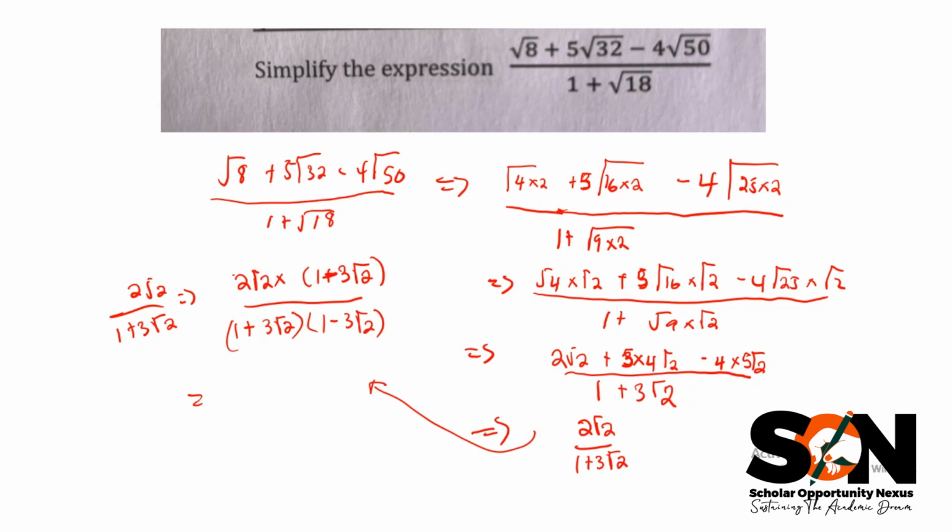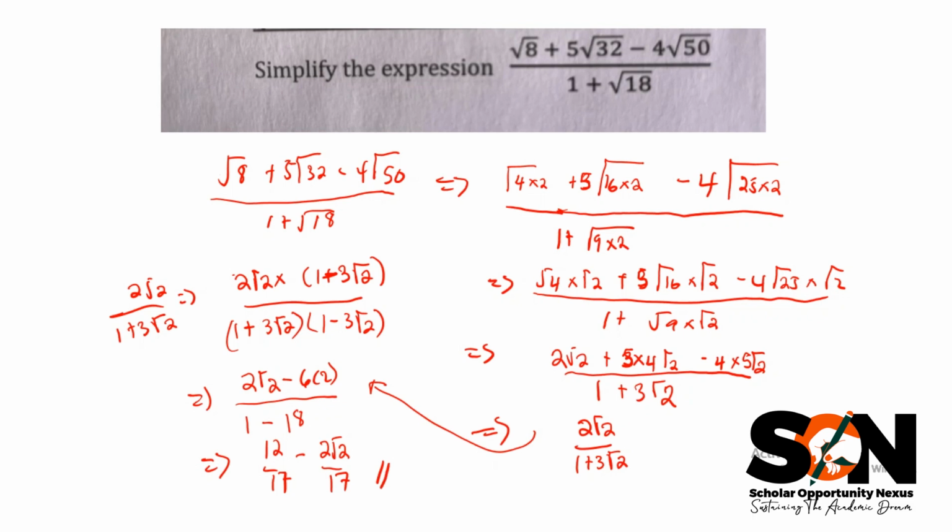And then this should give us 2 square root of 2 minus 2 times 6 times 2 all over 1 minus what? 18. And this will give us what? 12 over 17 minus 2 square root of 2 all over 17. So this will be your final answer.